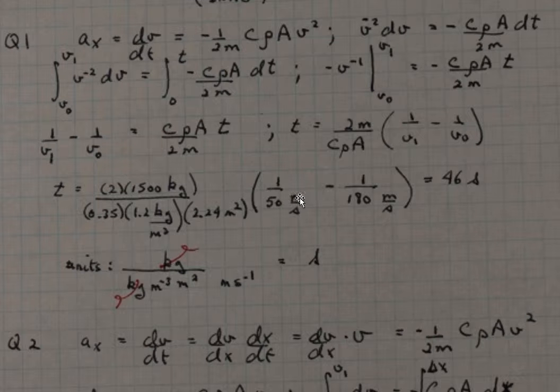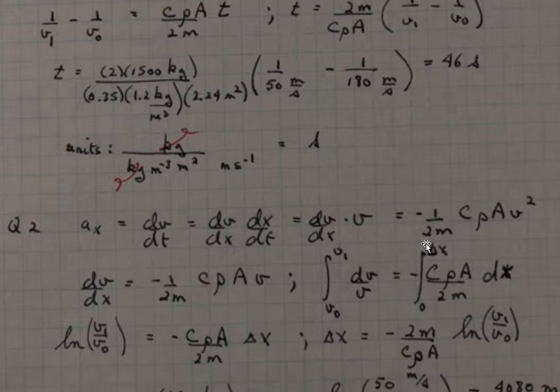This is reciprocal speed. Well, the kilograms cancel, and if you look in the denominator, the meters cancel, and you get seconds to the minus 1 in the denominator, which means it's seconds in the numerator, consistent with the time dimensions that I'm expecting.